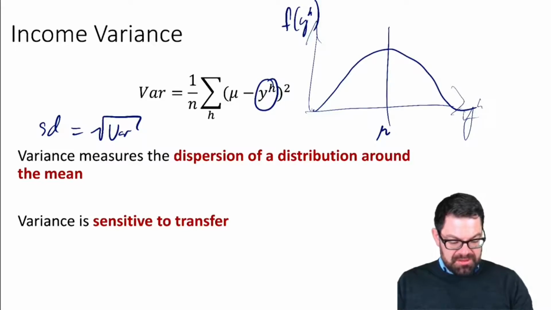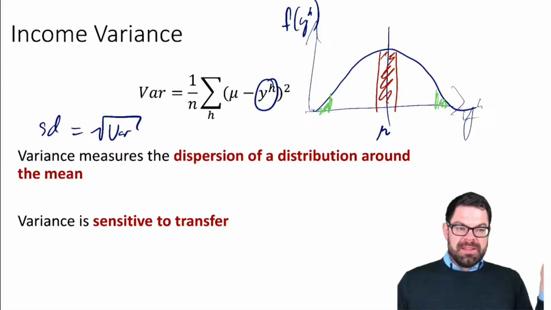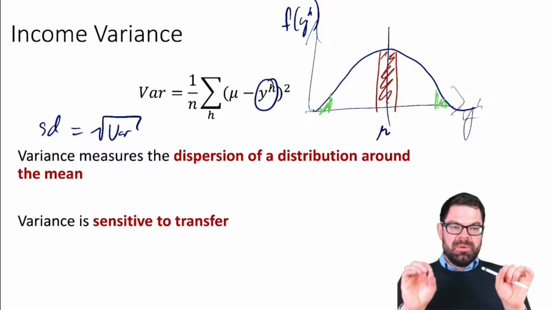If I just in this distribution give you that red zone here, you have lots of incomes that are in that red zone that don't deviate a lot from the mean. And then if we assume this distribution is symmetric, let's say the green zone is somewhere out here, you have very few that deviate a lot. And the standard deviation tells us what is the average deviation from the mean.